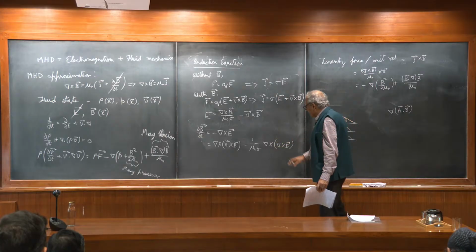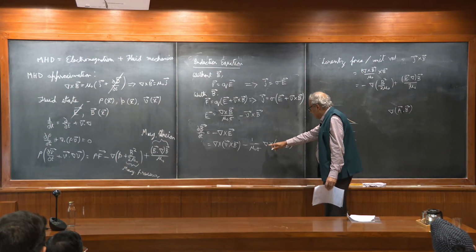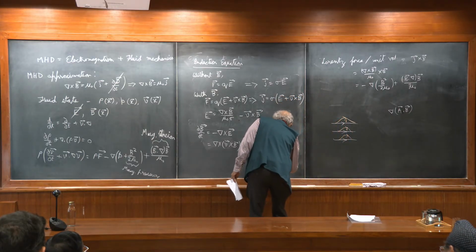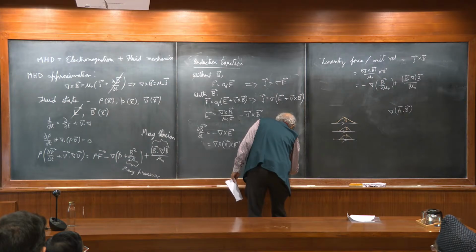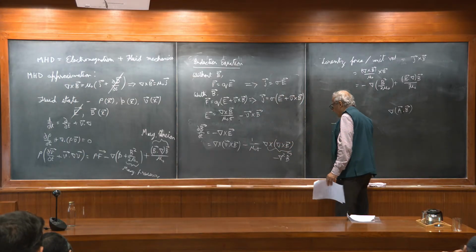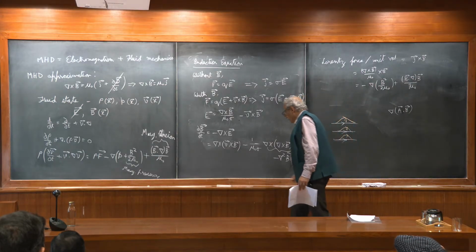So this is the induction equation, and by using the fact that divergence B is always 0, it can be shown that this can be written in the form minus del square B, using a simple vector identity which we will find in any vector analysis textbook.